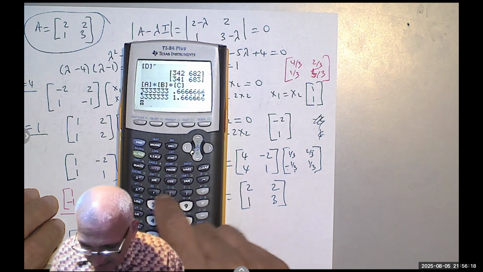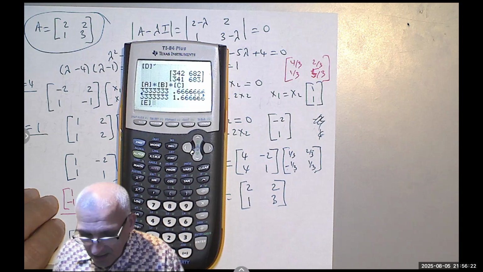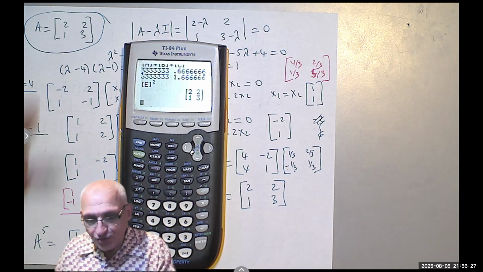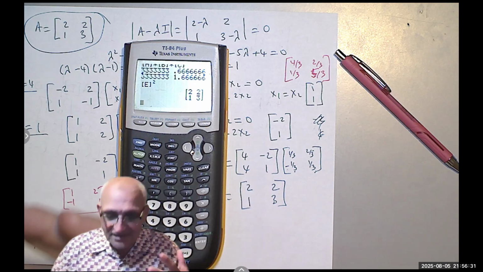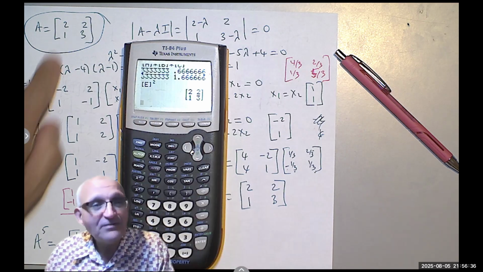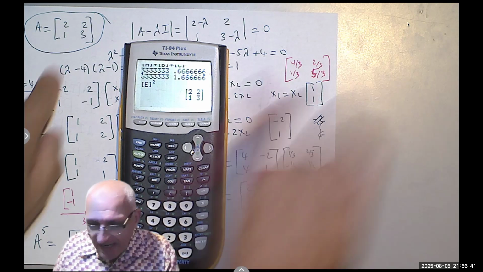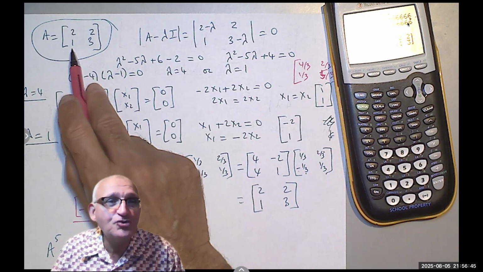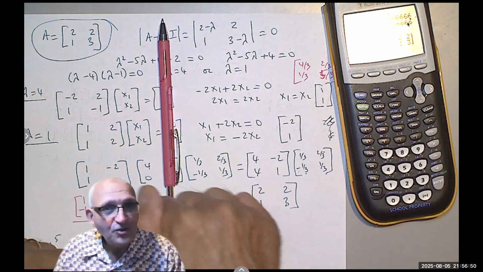Okay, second matrix, E square, 2, 2, 1, 3. So I could find the square root or the cube root or anything about this matrix, which was pretty much impossible because how can you find a matrix that if I multiply it by itself, I get 2, 2, 1, 3? How? Without this method, you couldn't.